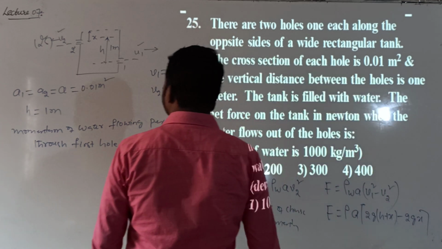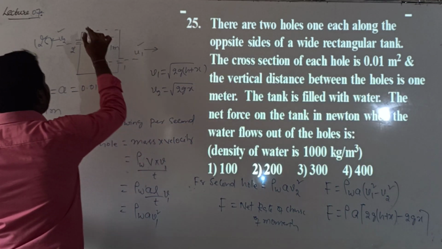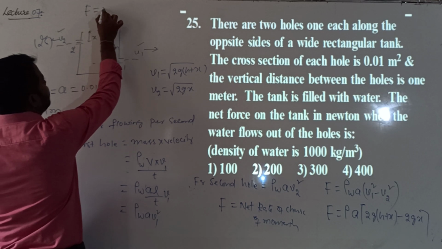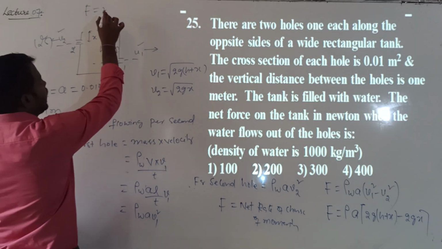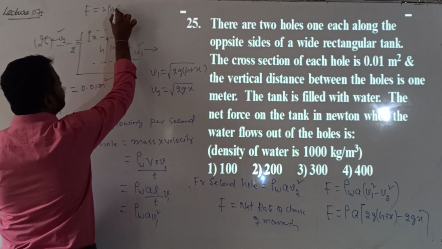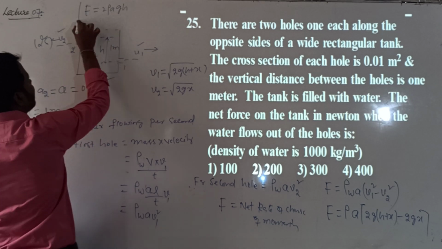After simplification, finally F is equal to 2 rho A g H.